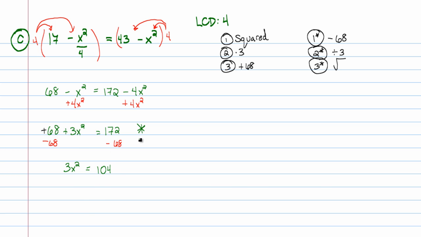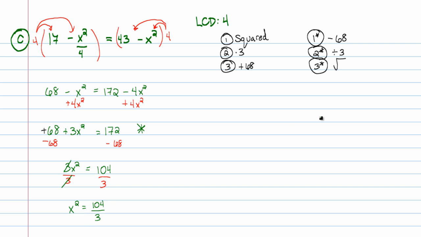And now the next step is to divide both sides by 3. Divide this side by 3 and the other side by 3. I could already tell you this is not a good-looking fraction. 3 doesn't go into 104 nicely. Luckily, 3 cancels with this 3. 3 over 3 is just 1. So I get x squared is equal to 104 over 3.